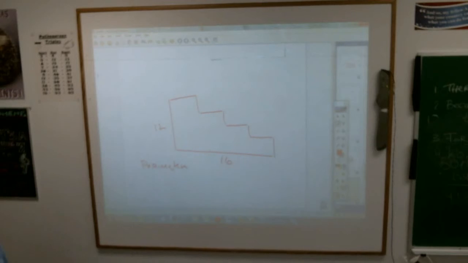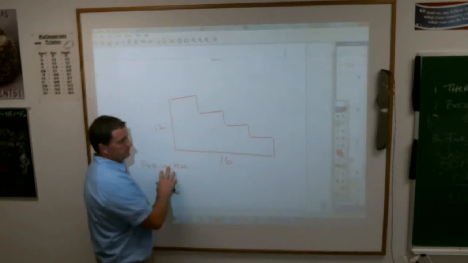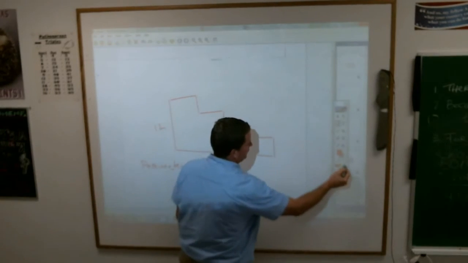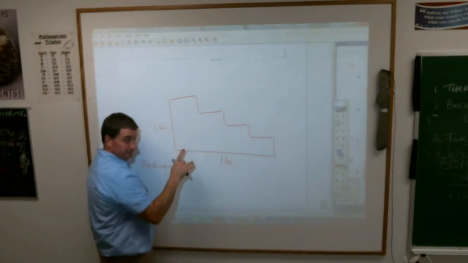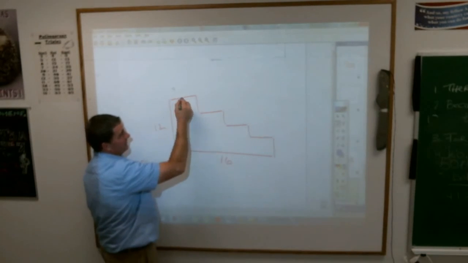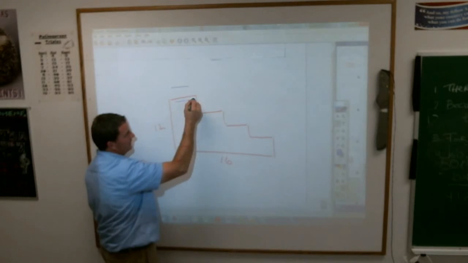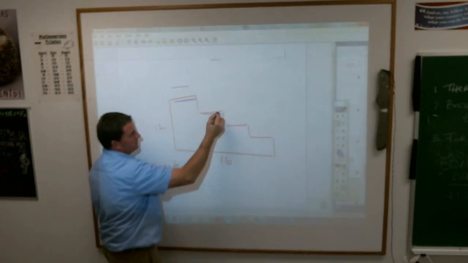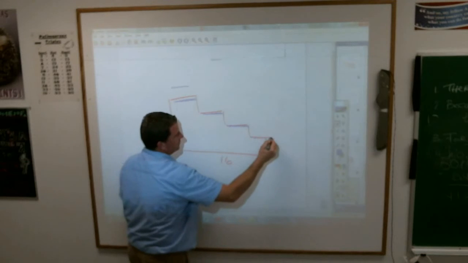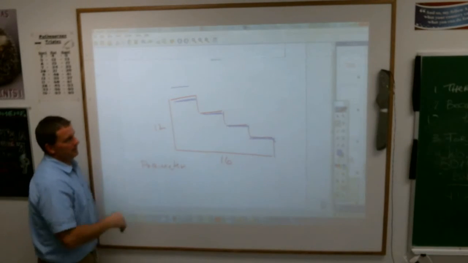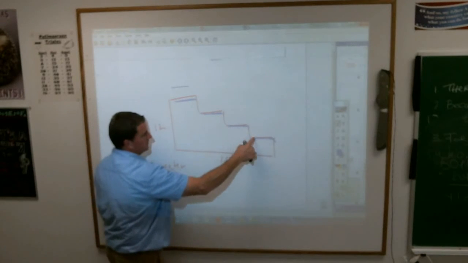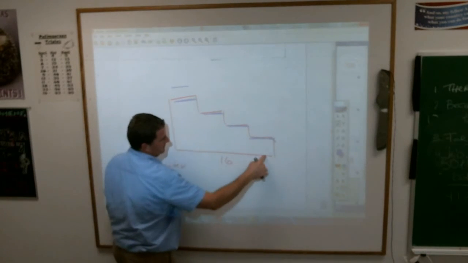In actuality, if you're dealing with perimeter, yes, this is enough information. Why? Because you're adding all the sides together. If I add this little chunk plus this chunk plus this chunk plus this chunk, what am I going to get? This plus this plus this plus this is going to end up being the same length as this line here.